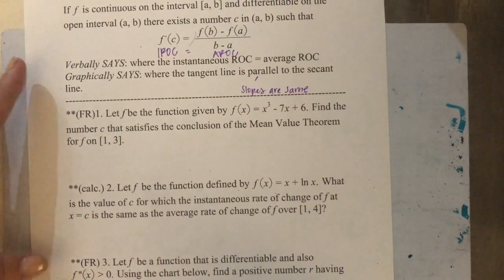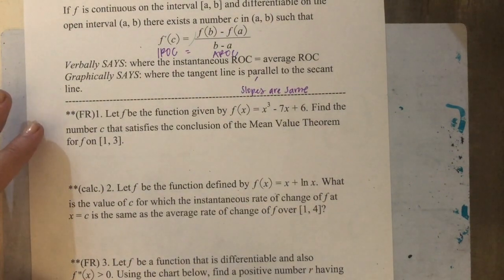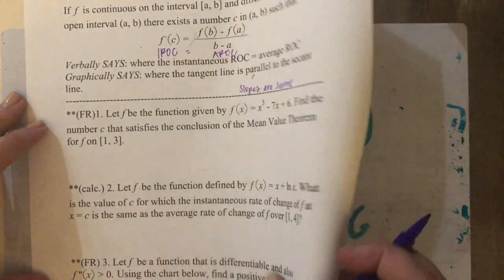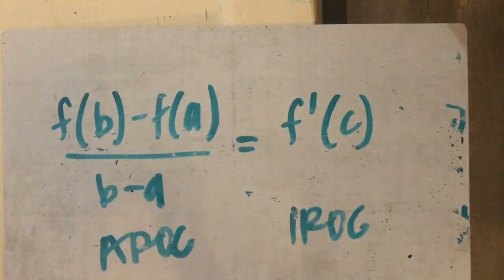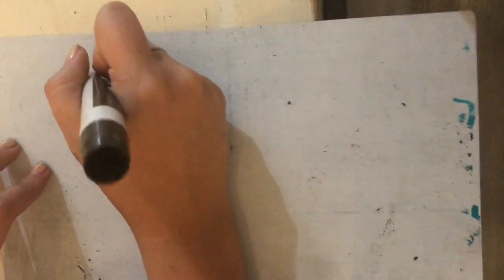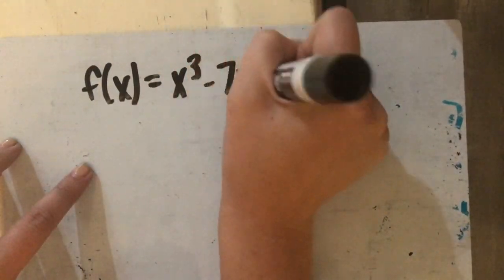Okay. All right, so let's look at number 1. It says, let f be the function given by that. Find the number c that satisfies the conclusion of the mean value theorem for f on 1 to 3. Okay, so we want my IROC equals my AROC. My IROC is my derivative, so let's take the derivative. We're starting with f of x equals x cubed minus 7x plus 6.